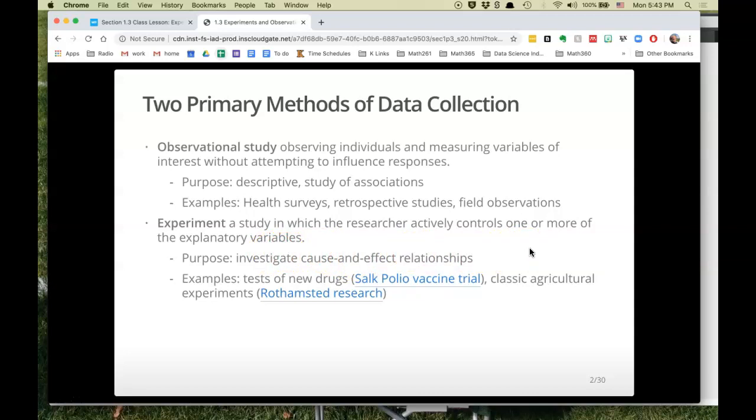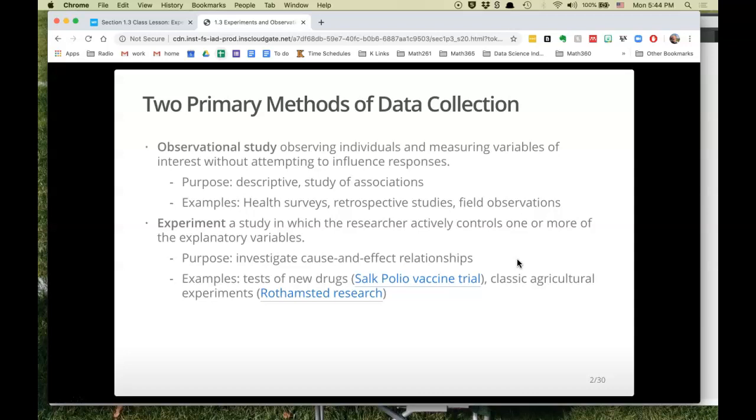Famous examples of this would be the tests of new drugs, quite relevant now, thinking back to the 50s, the Salk polio vaccine trial, and I provided a link there in case you'd like to learn more about it. It was the largest public health experiment ever at the time, and some of the situations are reminiscent of what we're enduring right now.